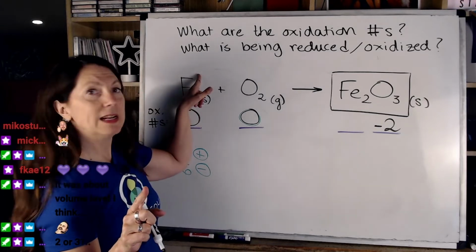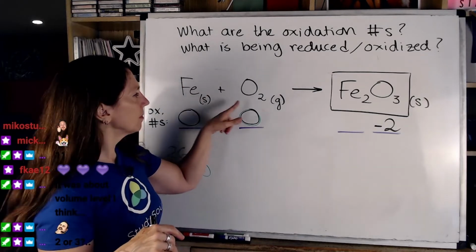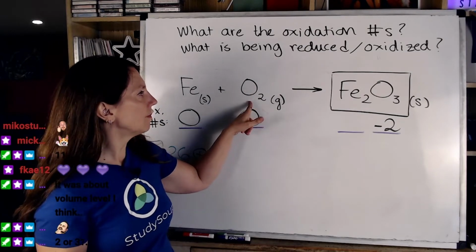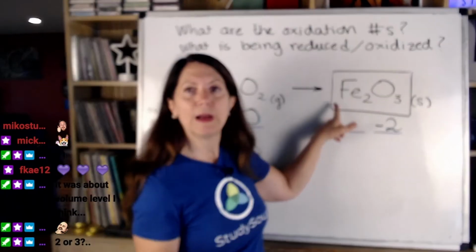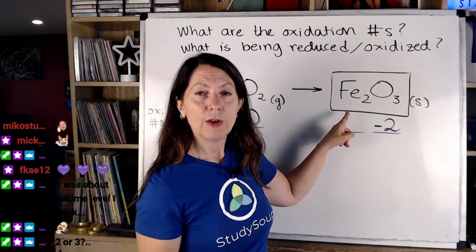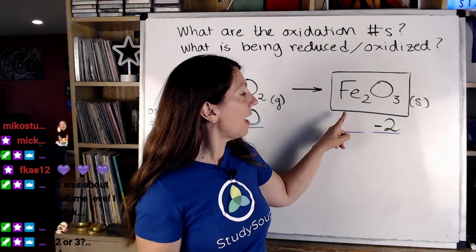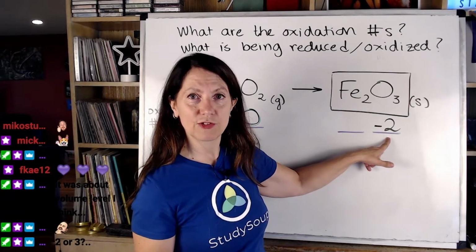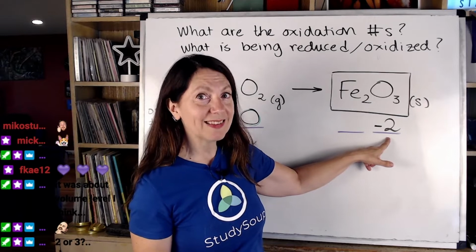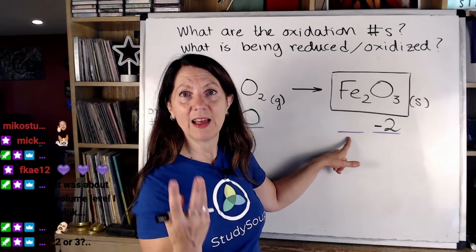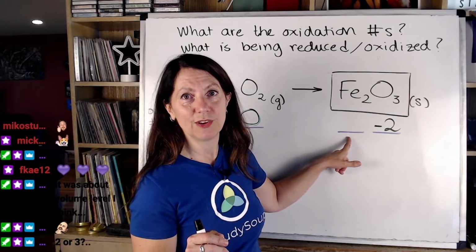And we haven't put any number up there, so that's neutral. Oxygen, O2, neutral. This whole compound here, neutral. So what that means is that all of the negative charges that oxygen contributes have to cancel out the positive charges that these ions are contributing.